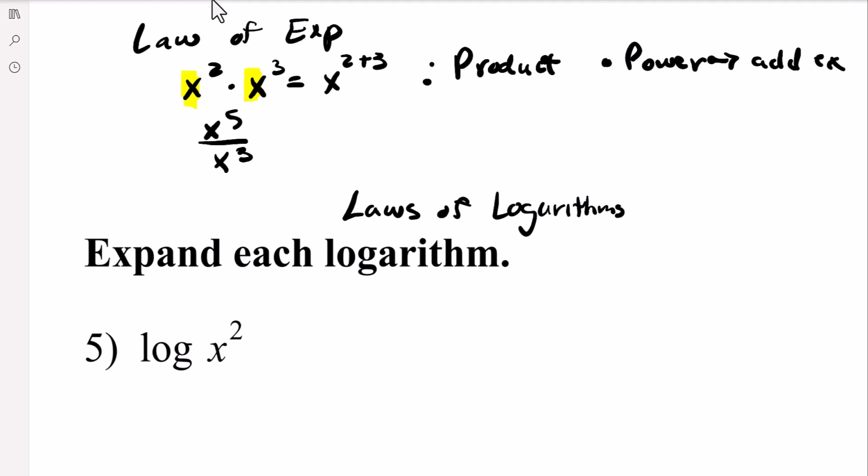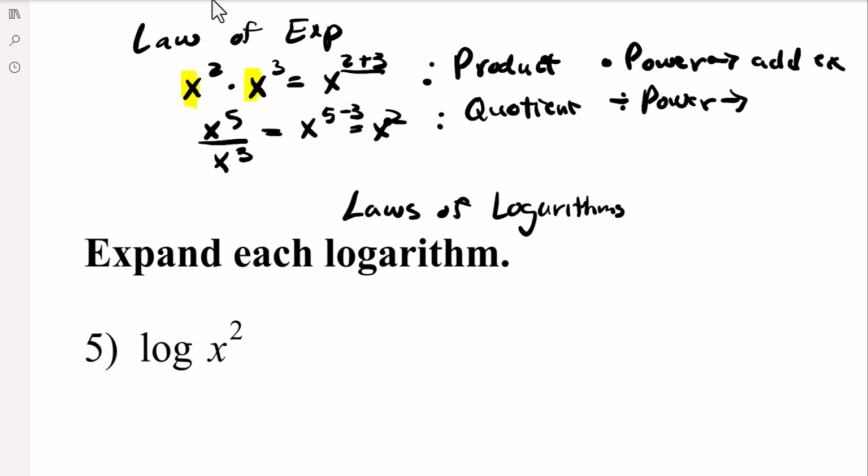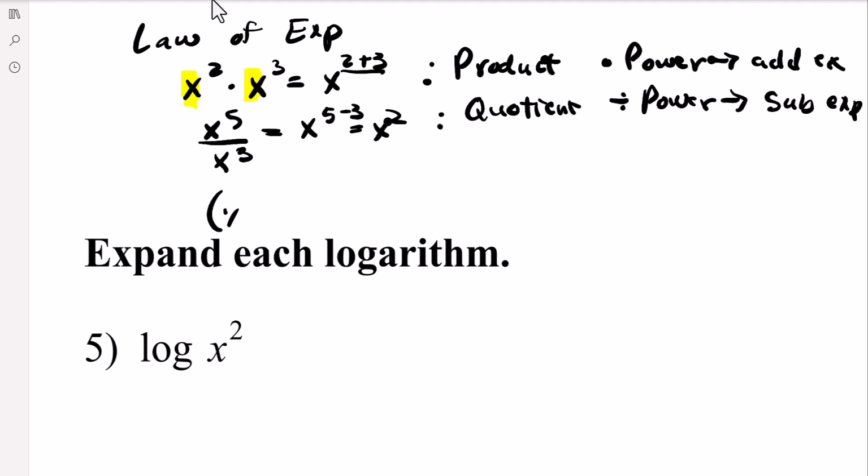the opposite of multiply is divide. The opposite of add is subtract. So that's called the quotient rule. When you divide powers, subtract exponents. And then lastly, when you raise a power to a power, you multiply.